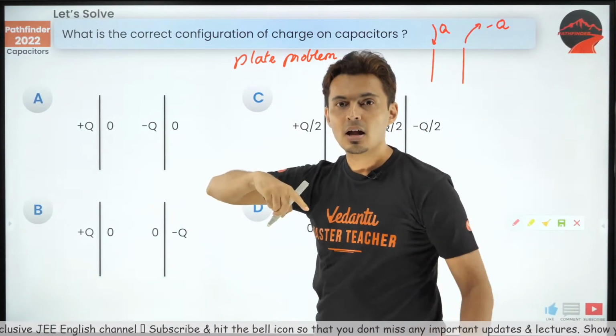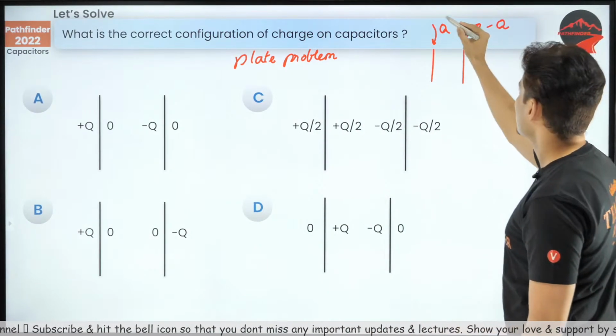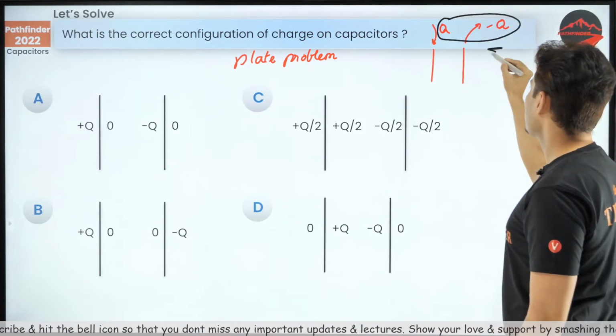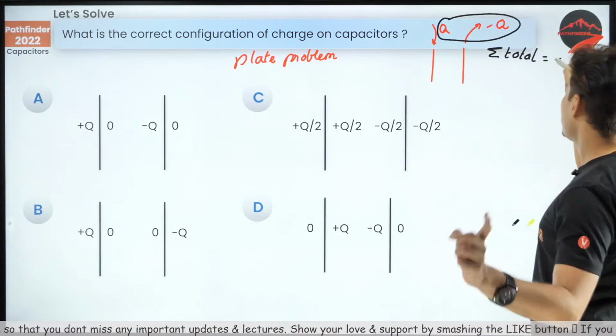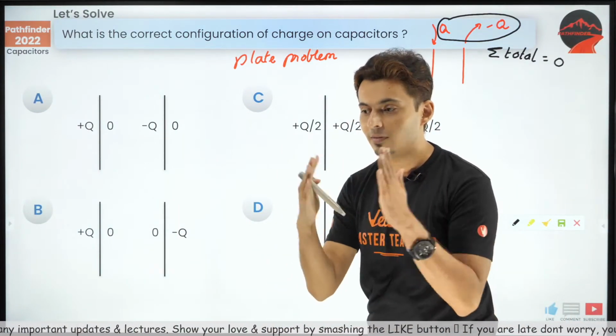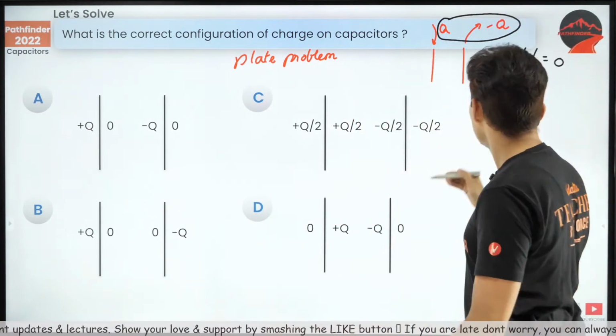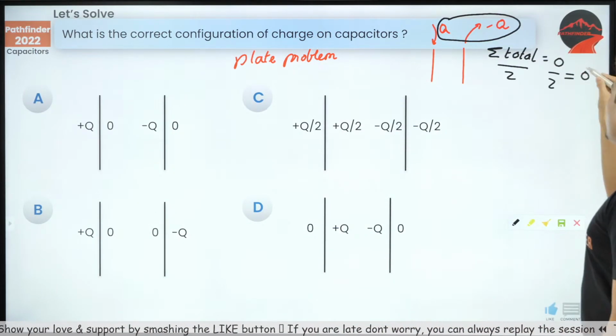What was the trick? Add the charges on the plates. If you add both the charges, Q and minus Q, what is the total charge? Q and minus Q, 0. And then divided by 2. Remember, divided by 2. So the total charge divided by 2 will be 0.